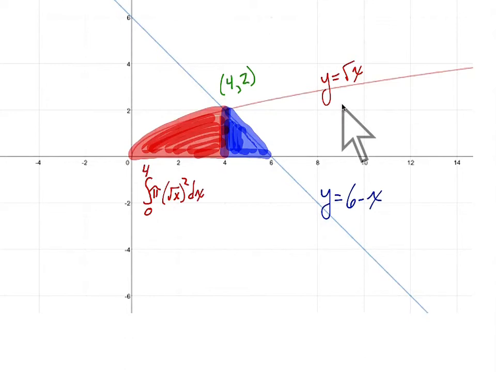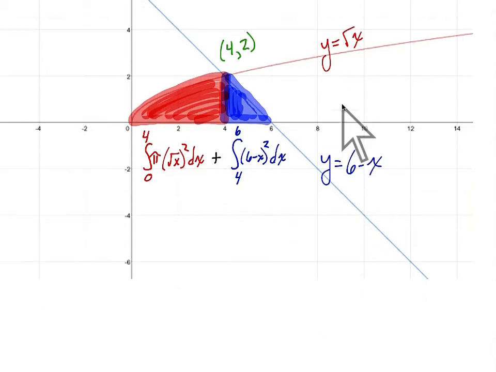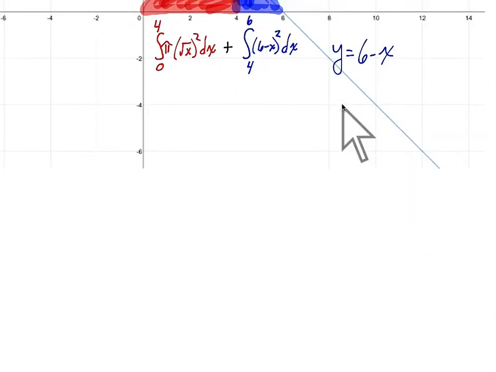And then the second integral is going to go from 4 out to 6, and this is 6 minus x squared dx. And then we'll do these out.